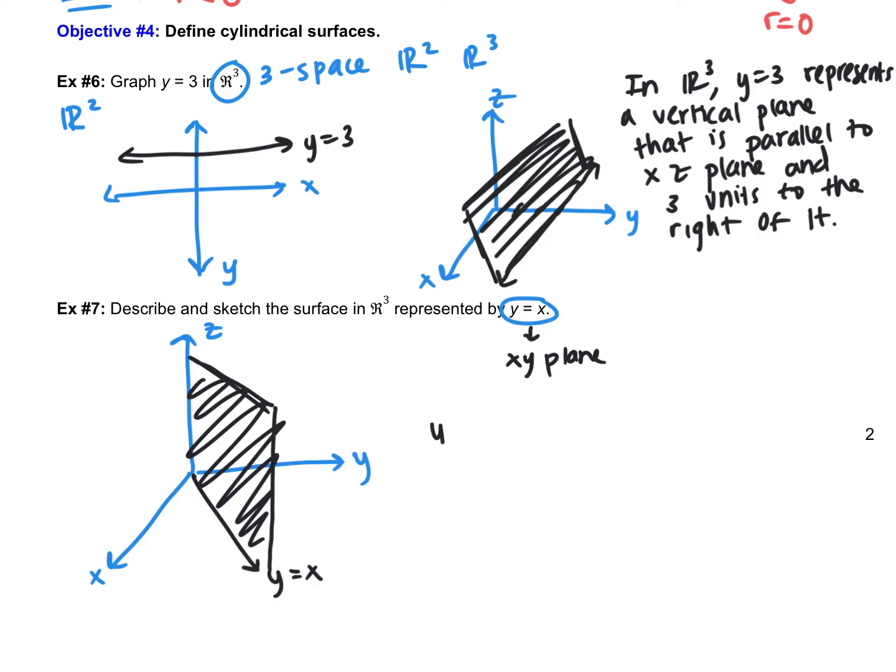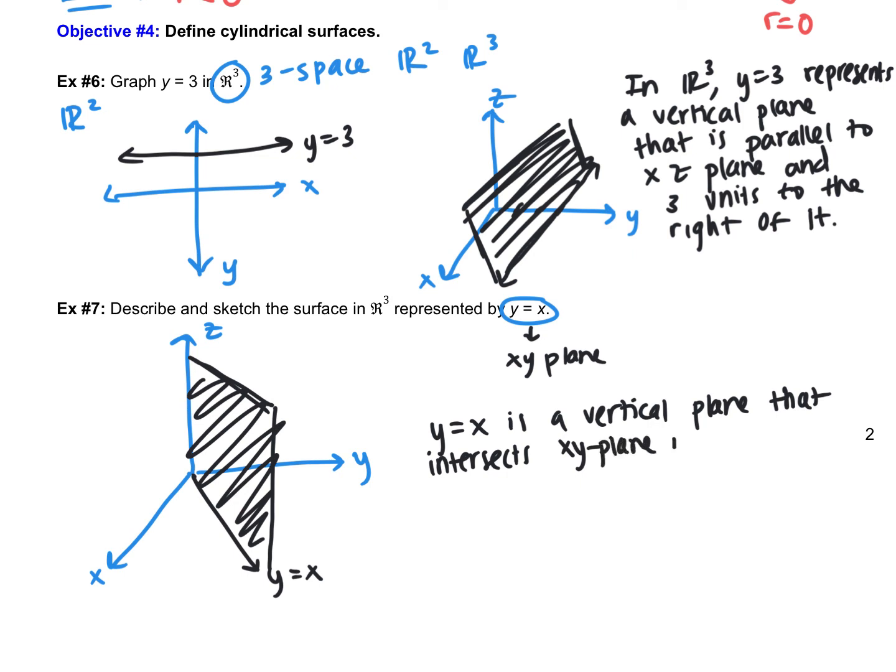So we would say that in 3 space, y equals x is a vertical plane that intersects the xy plane in the line y equals x, where z is 0.